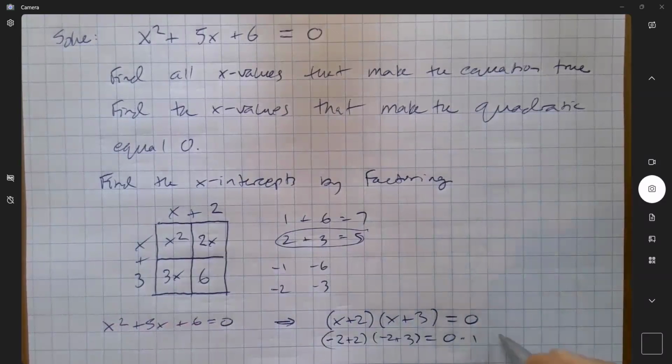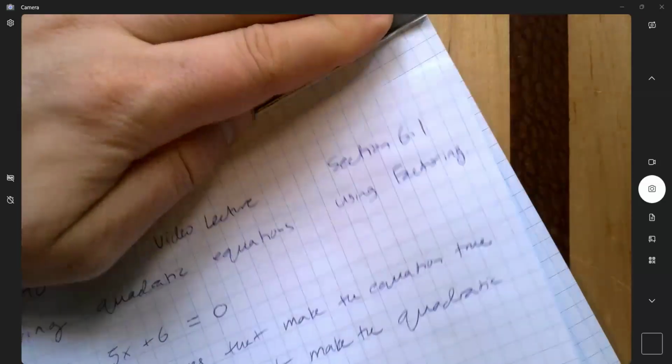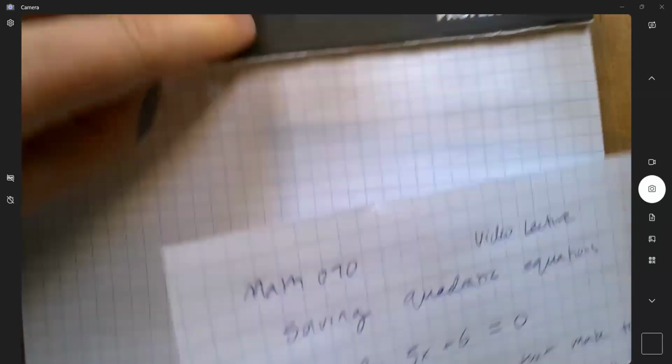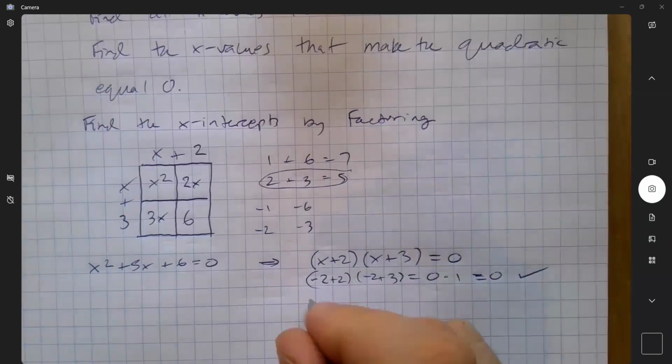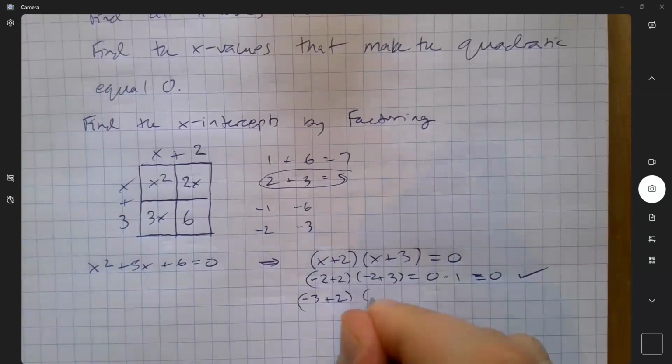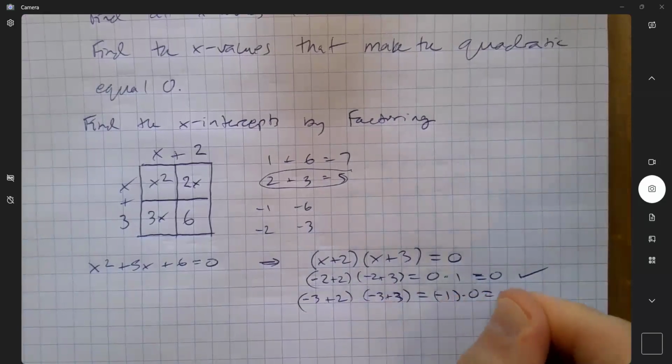And notice if I put -2 in for x, I get 0 times 1, which is 0. That works. And the same thing if I put -3 in for x. I get -3 plus 2 times -3 plus 3, which is -1 times 0, which is also 0.